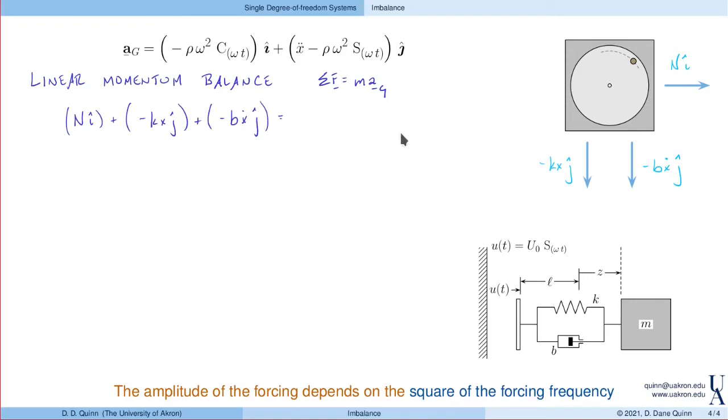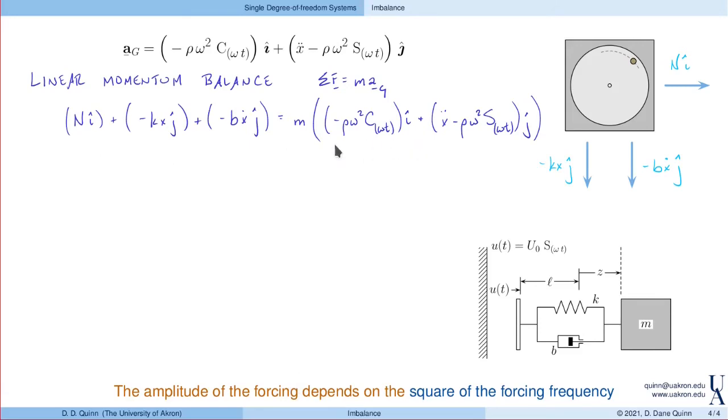And that has to be equal to m, the total mass, which includes the mass of the frame and the mass of the imbalance, times the acceleration. Here's the acceleration, so let's write that again: minus rho omega squared cosine omega t in the i direction, and then x double dot minus rho omega squared sine omega t in the j direction.